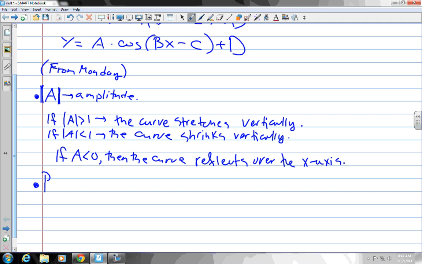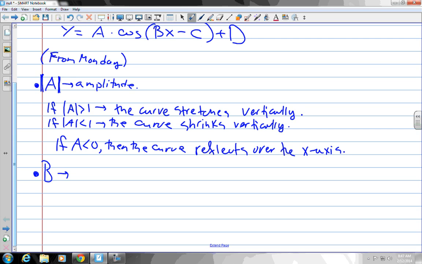What does B do? Right, it affects the period, in the sense that the period of the function is the absolute value of 2 pi over b.